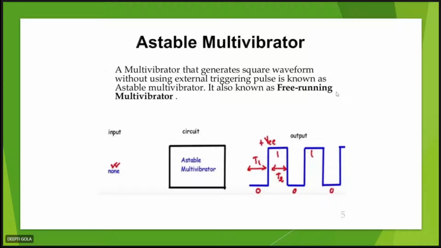That means if we are working with two BJTs, then if one is on, the other will be off. This is what you will be seeing. It generates a square waveform without using any external trigger pulse, and is known as the astable multivibrator. It is also known as the free running multivibrator.